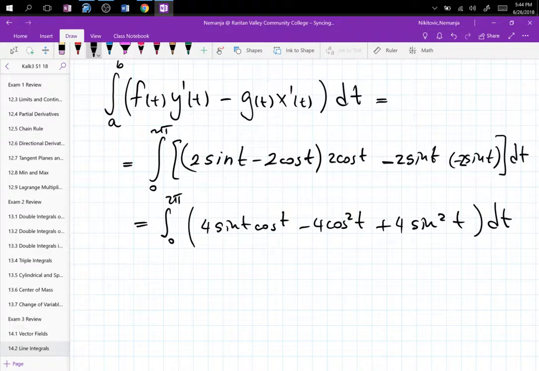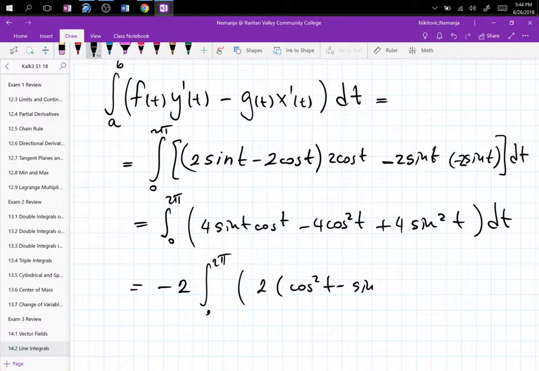I need to kick negative 2 out now, because I need cosine minus sine, not sine minus cosine. So I need to kick 2 out, 0 to 2 pi, and when I kick those out, I'm going to write this first. So I have 2 times the cosine squared t minus sine squared t, so that's that, and then we have a minus 2 sine t cosine t, and then everything dt.